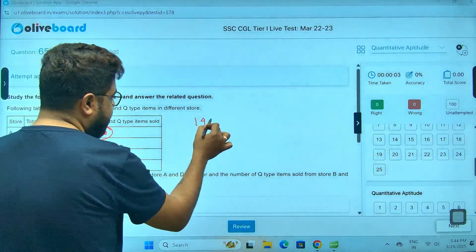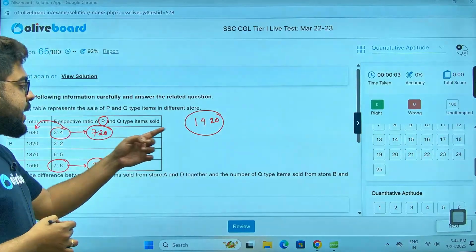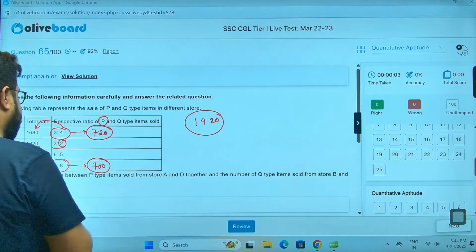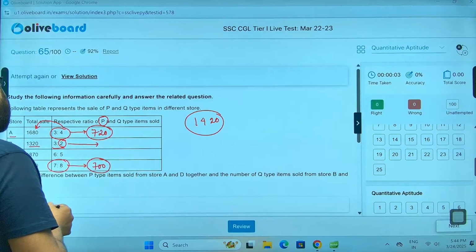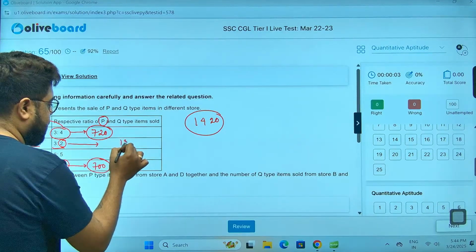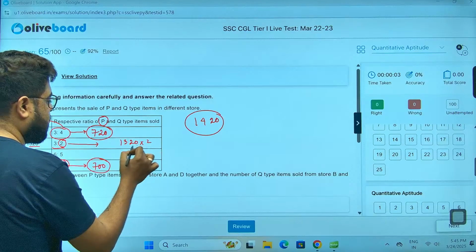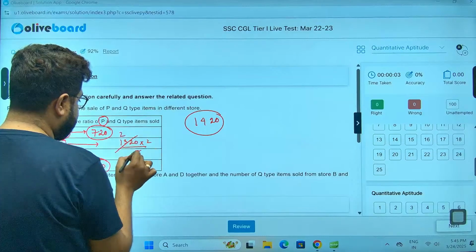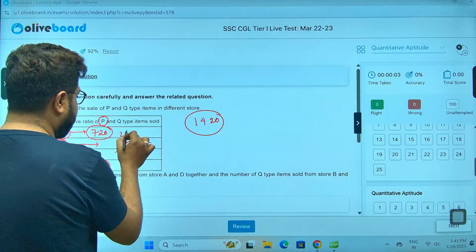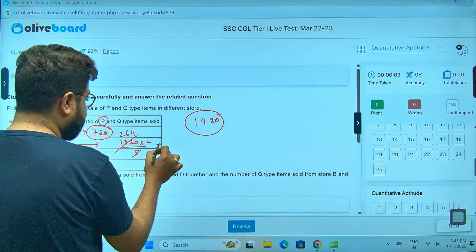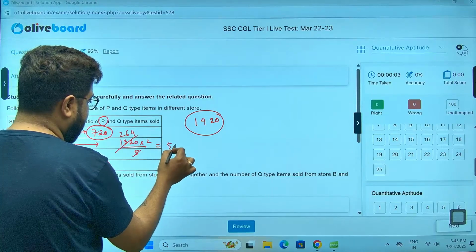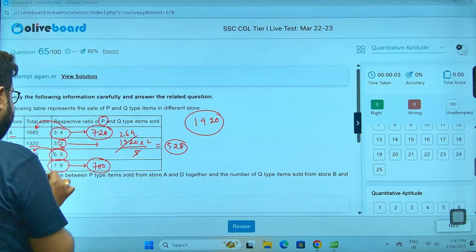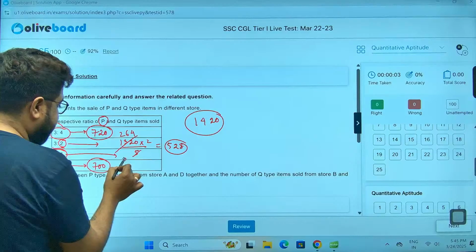Totals are 1420. Now, the second one, Q type from B and C. 5 parts is 132, so 2 parts is 132 by 5 into 2, which is 264. For C, 6 plus 5, 11 parts is 1870, so 1 part is 170. 5 70s are 850.